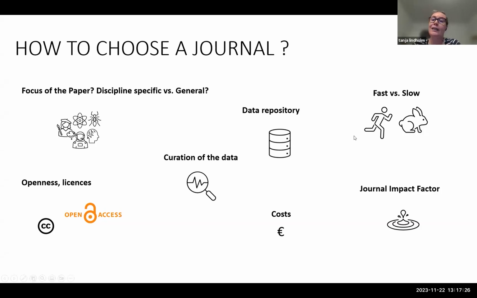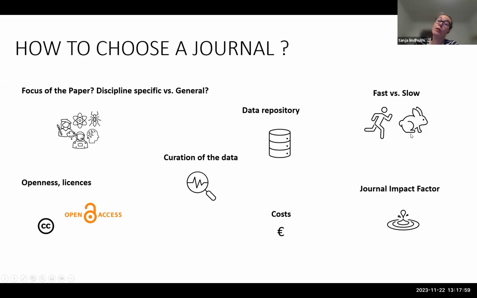And then, well, I'd go to the journal impact factor first. Of course, we all notice that this is how we are evaluated. But then it might be that, if it has a really, really high impact factor, it usually goes that it's a really, really slow and long process.